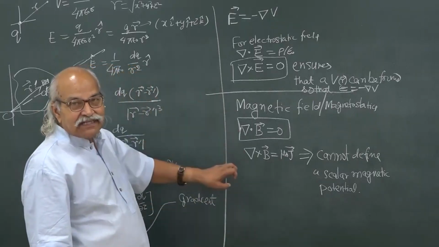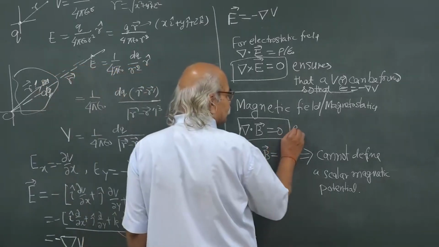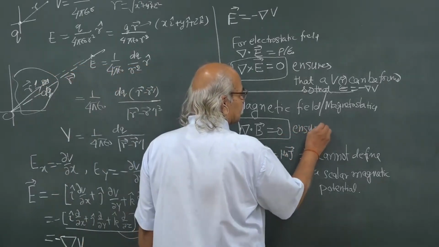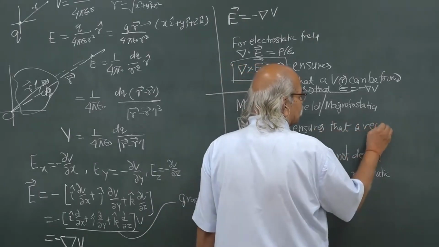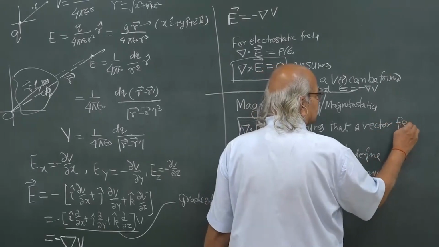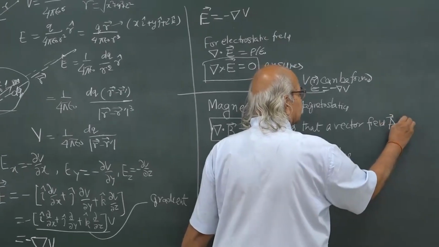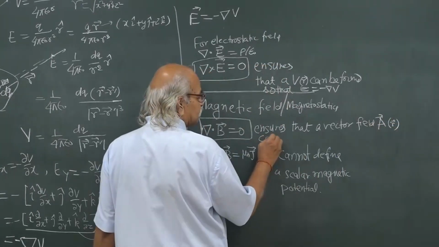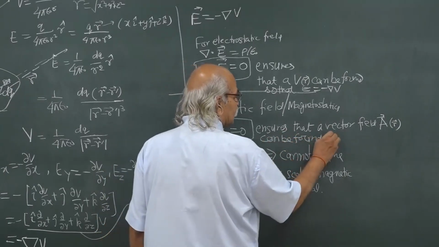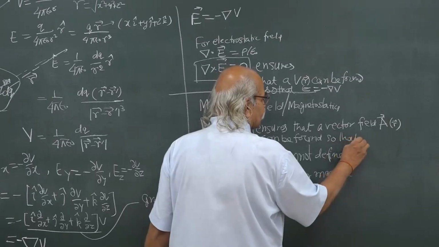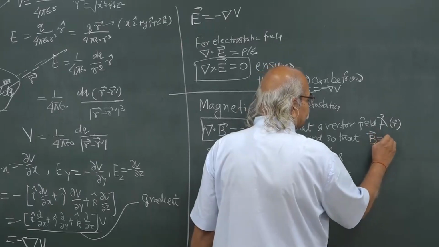If the divergence of a vector field is 0 everywhere, then that ensures that a vector field, let me write it A, that is the standard symbol, can be found so that this B is curl of A.